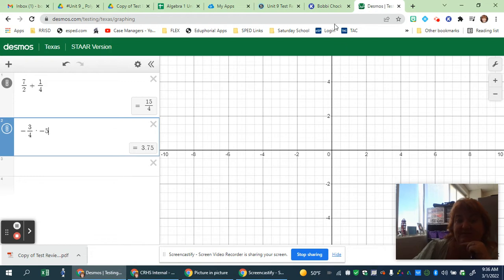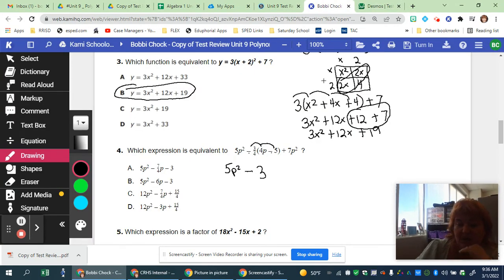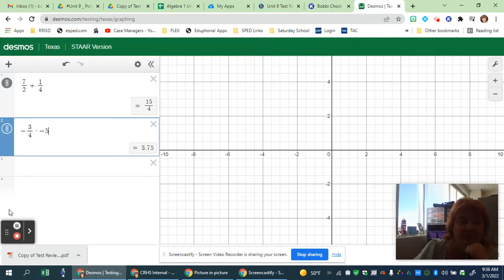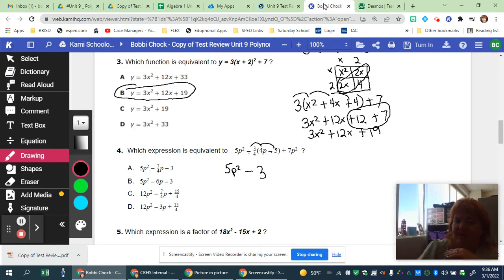Positive 3.75. And if I want that in fraction form, positive 15 over 4. Wow, we had that before. So it's a positive. Oh, there's a p here. I forgot the p. See, when there is that times that, there was a p. So positive 15 over 4.